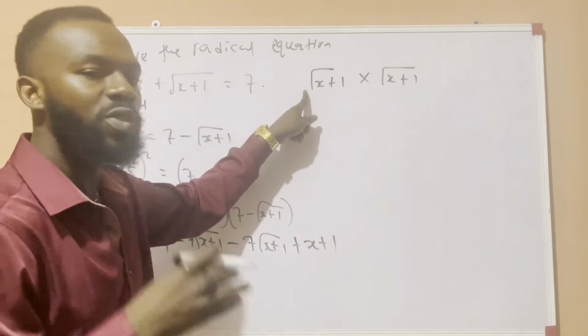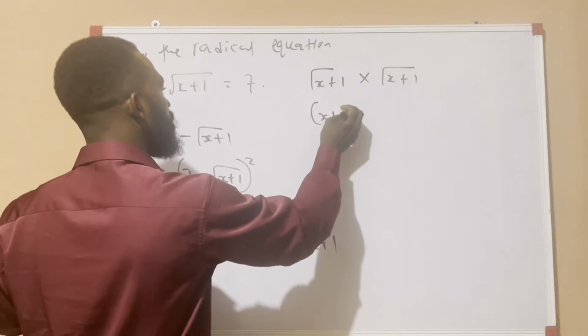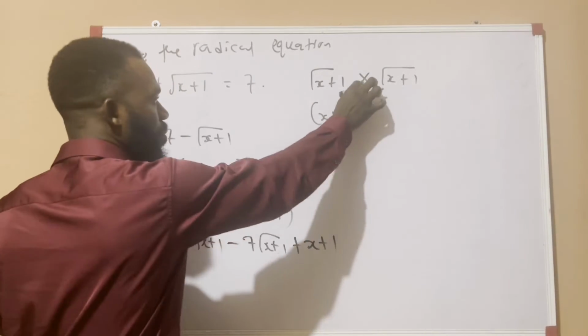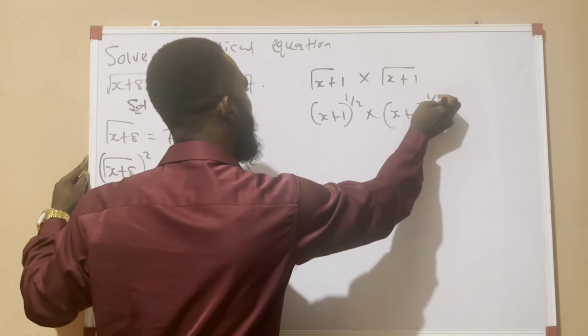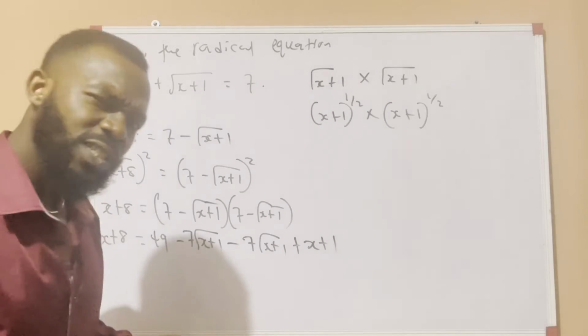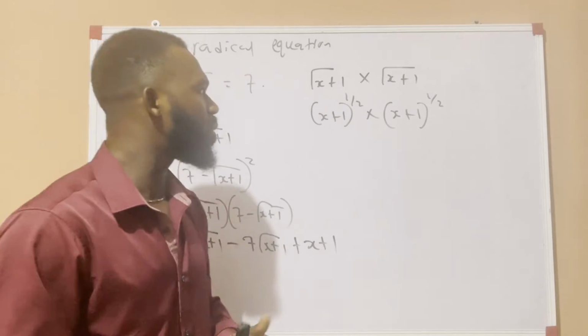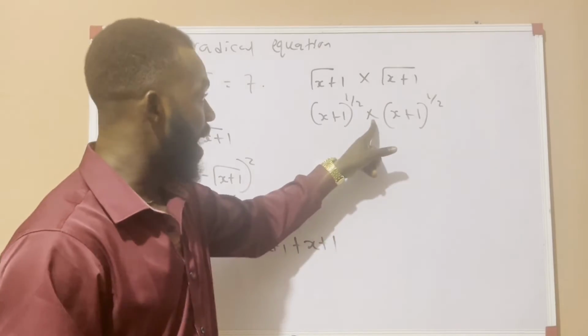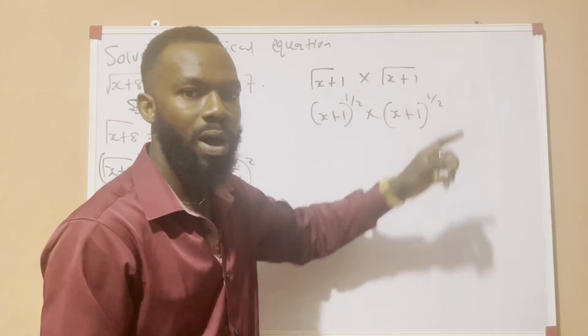Don't forget I said root means 1 over 2 as a power. So here it comes: x plus 1 raised to the power of 1 over 2 multiplied by another x plus 1 raised to the power of 1 over 2. Are you with me? Now let's go back to the laws of indices, which is law 1, the multiplication law. Law 1 says when you multiply bases that are the same, what do you do to the power? You add.